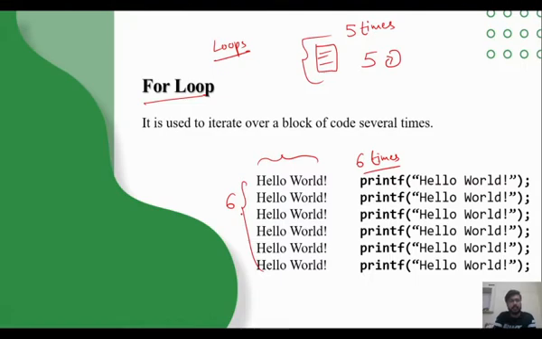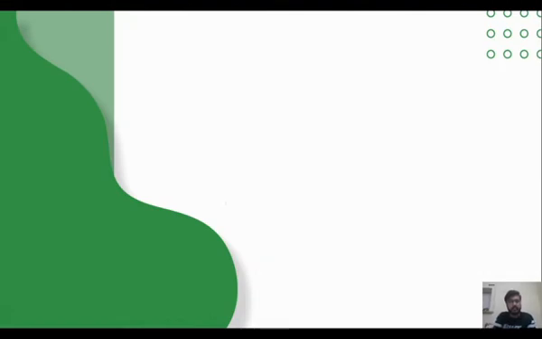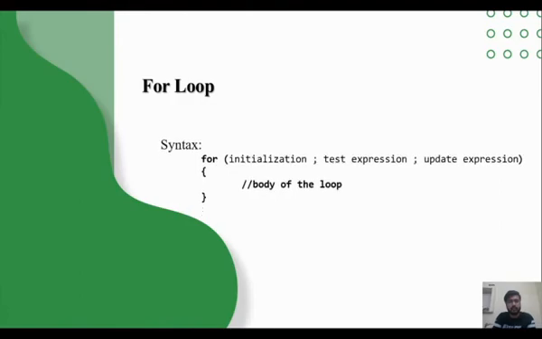Okay, so let us see the syntax. Here is the syntax. Now, the syntax of the for loop is like this. First is the keyword of for loop. Then curved braces, and then initialization. This is where you initialize a variable.